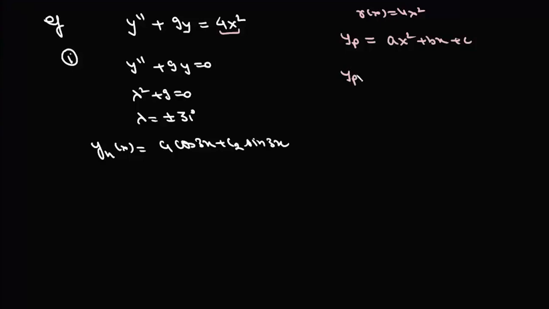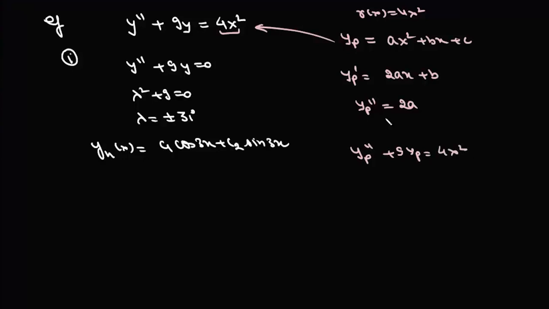Now yp dash is 2ax plus b, and yp double dash will be 2a. Now yp is a solution to this equation, so we can write yp double dash plus 9yp is equal to 4x square. Now yp double dash is 2a, and then 9 times yp, which is ax square plus bx plus c, equals 4x square.